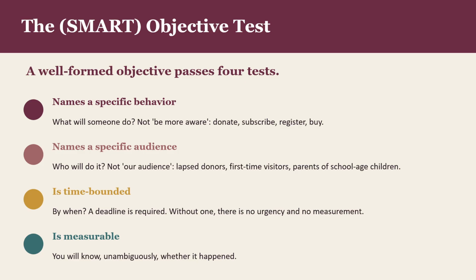So in general strategic communication, we talk about these as SMART objectives. Again, specific, measurable, and time-bound. Specific refers to that specific behavior that you want and the specific audience that you want to aim the message for that behavior at.